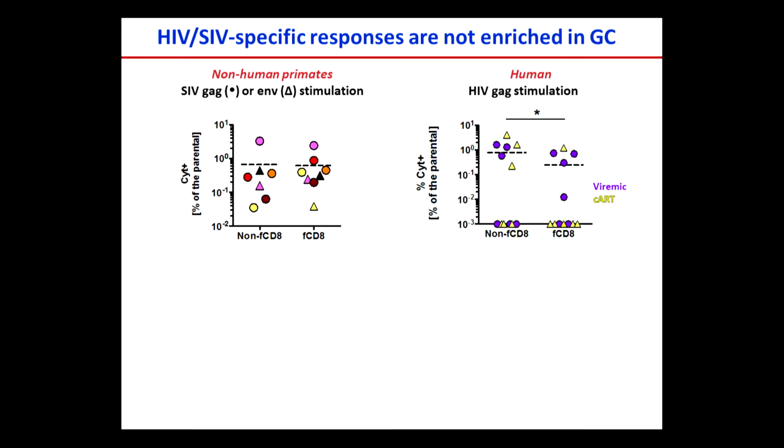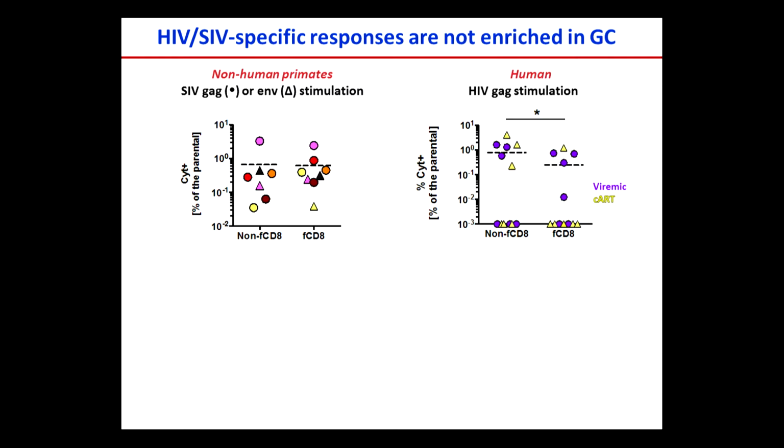Are those CD8 T cells that move in HIV or SIV specific? We can stimulate with peptides and look for cytokine production. We can ask, is there enrichment of SIV or HIV specific CD8 T cells in the follicular CD8s versus the non-follicular CD8s?